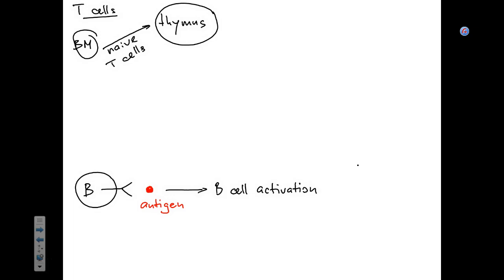If you would try to do the same with a T cell, what's going to happen? If you directly expose T cell to the antigen, the answer is nothing.